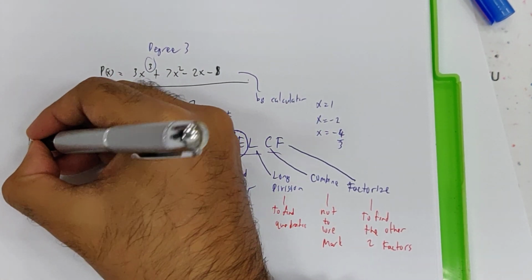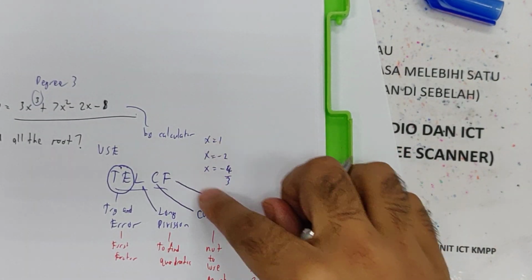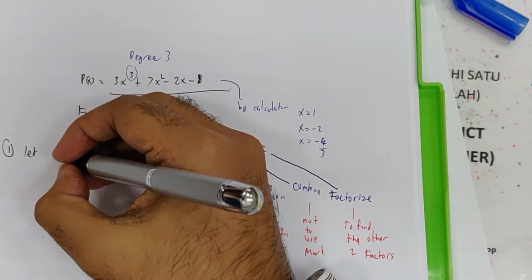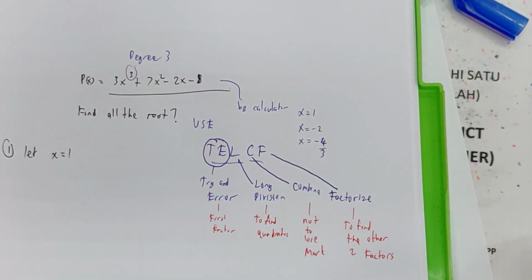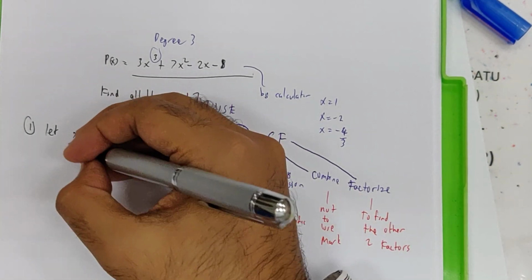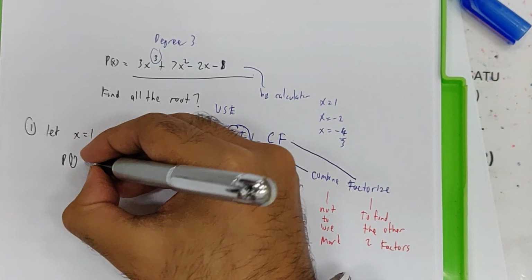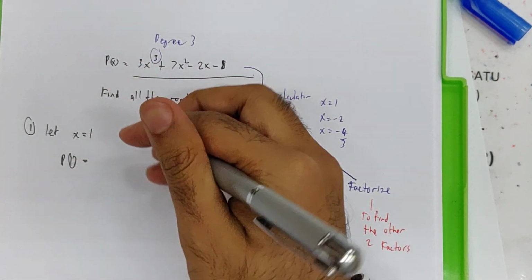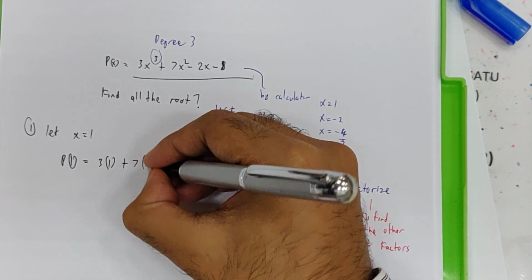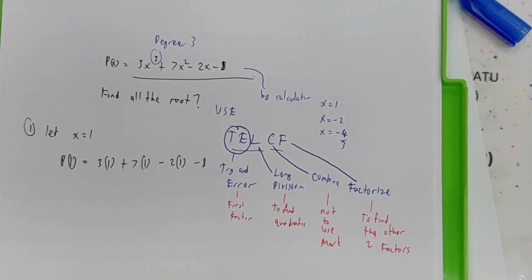You let, which one is the easiest? 1. So you just let x equals 1. Then P1, you insert them back. 3 times 1 plus 7 times 1 minus 2 times 1 minus 8.